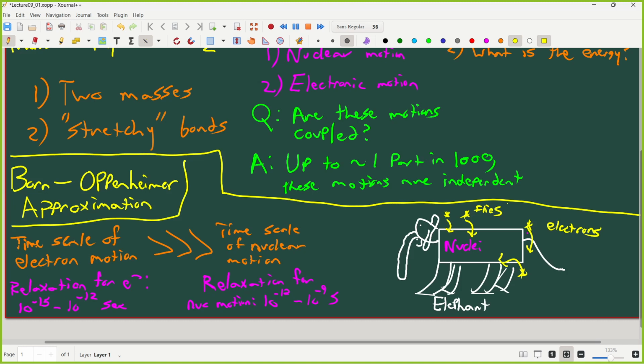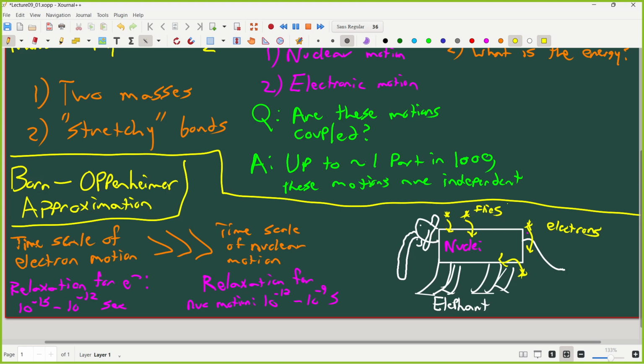And where do the absorptions from the nuclei moving show up? Well, they show up in the infrared, right? Vibrations. And those are a longer wavelength. The wavelength of a vibration is on the order of a micrometer, whereas the excitations of electrons are on the order of 100 nanometers.